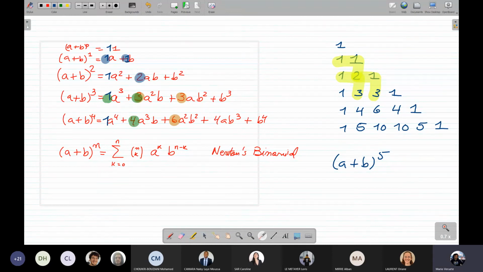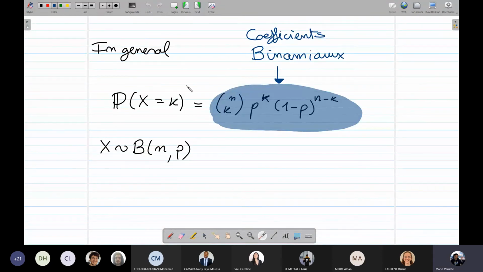And look, if you come back to our binomial distribution, the probability that my random variable x that follows the binomial distribution takes the value k is the binomial coefficient k among n times p power k times 1 minus p power n minus k.